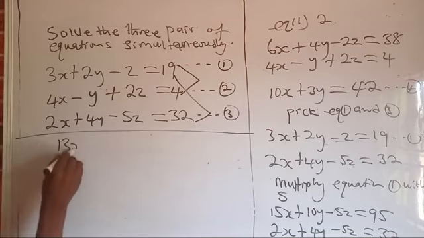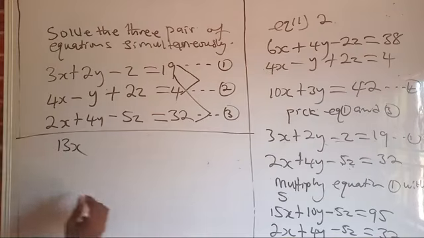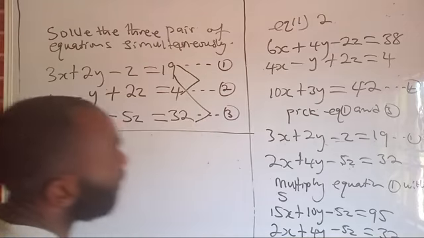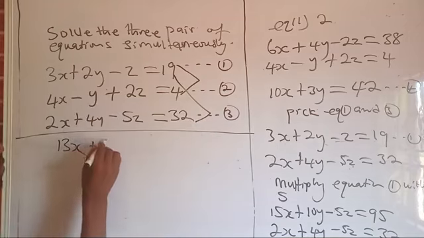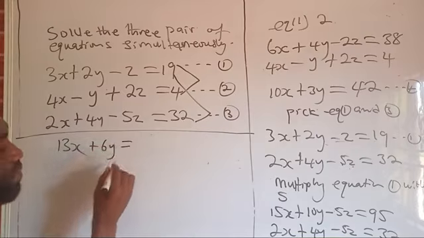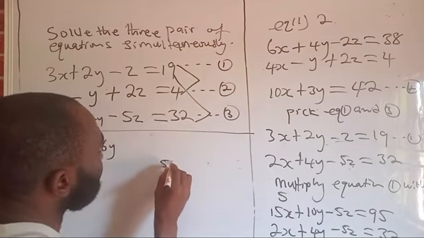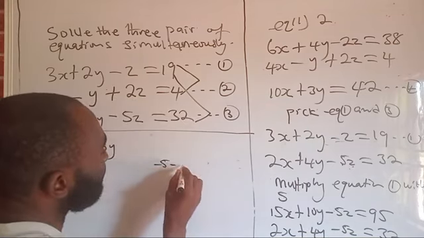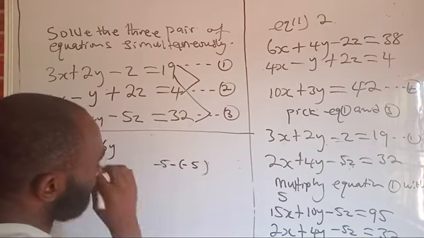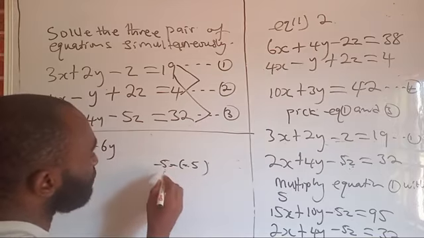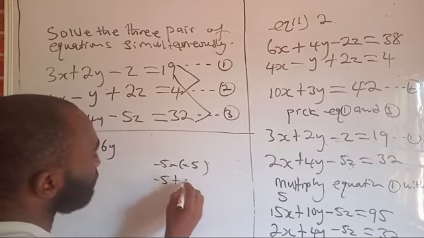That gives us 13x. That is 2x minus 15x, that gives us 13x. And 4y minus 10y, that gives us minus 6y is equal. Sorry. Then here, when you say minus 5, minus 5, minus 5, this plus will overcome this minus, will make this become minus 5 plus 5.